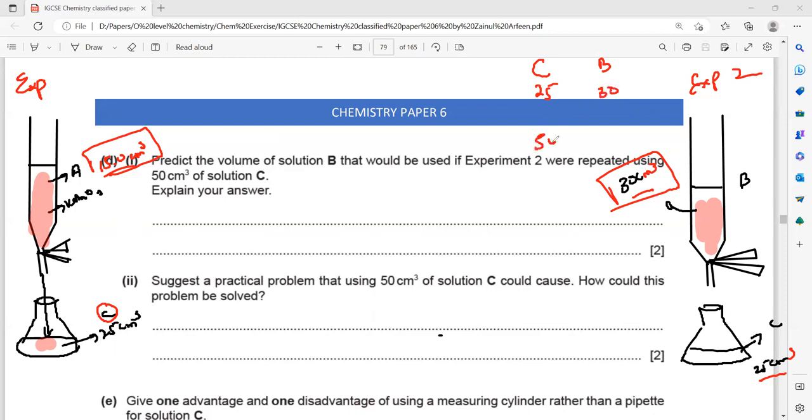So if we have 50 cm cube of C, how much B is needed? X, cross multiply. You will find we need 60 cm cube of B, because the volume is double.